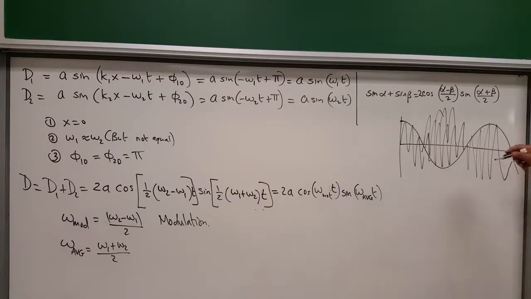And you see within one cycle here and here, you will hear the loud sound once. Then you hear it once more at the amplitude here or here. So you'll hear the loudest sound twice per cycle.